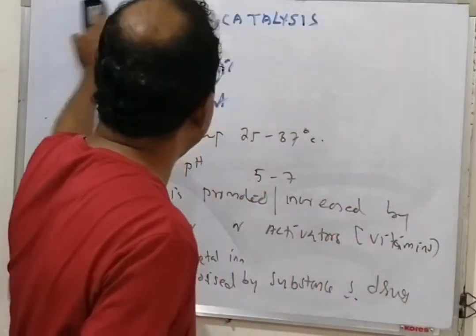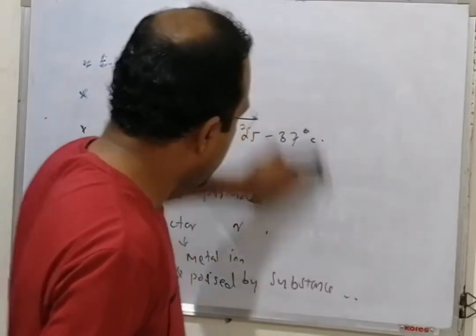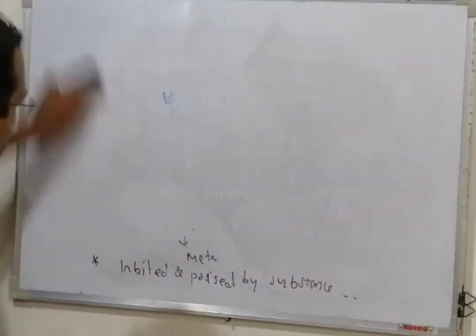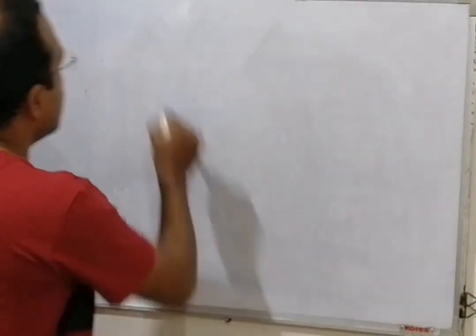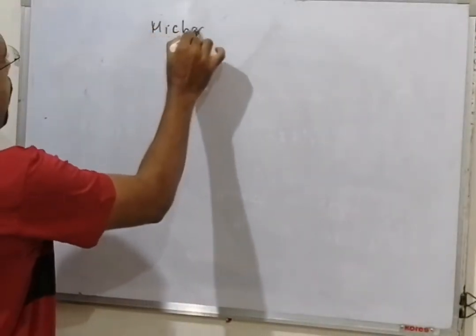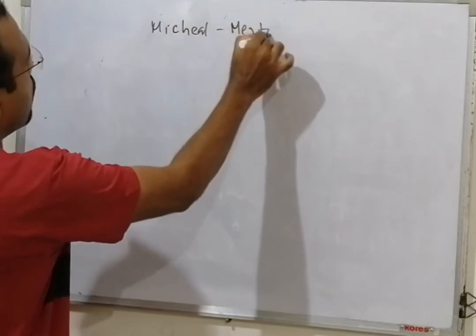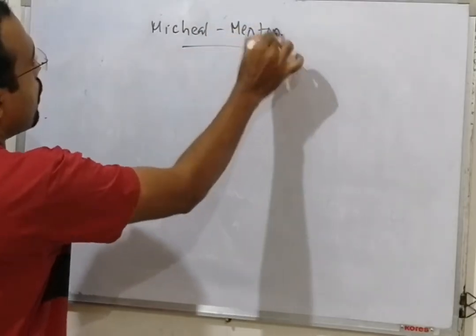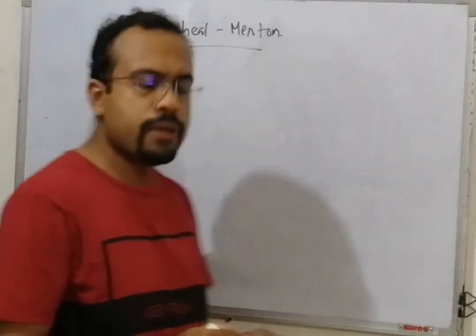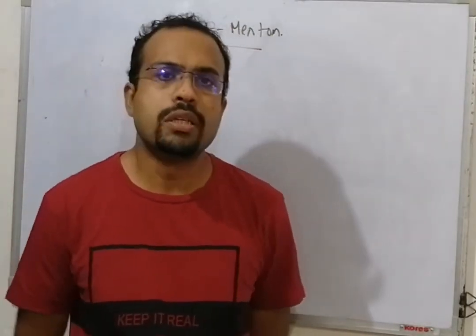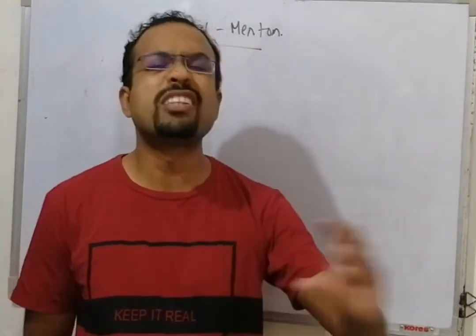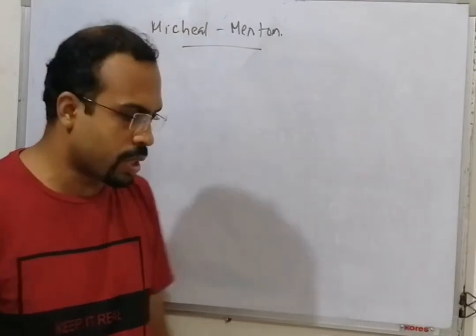Now, mechanism of enzyme catalysis. The syllabus has mentioned only the Michaelis-Menten equation, Michaelis-Menten mechanism. The derivation of this topic is not important because the syllabus has said only mention. Therefore, I just keep the mention.